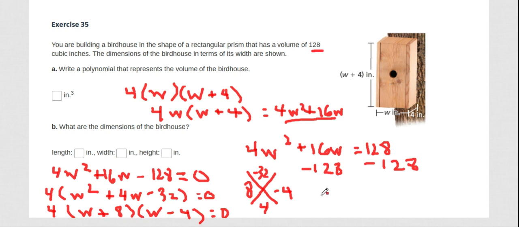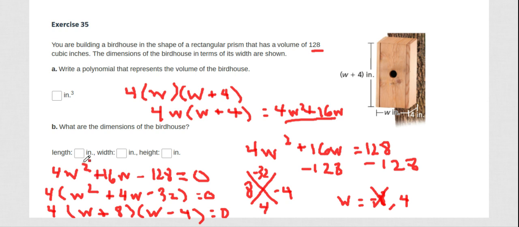If you set W plus 8 equal to 0 and subtract 8 from each side, you get W equals negative 8. If you set W minus 4 equal to 0 and add 4 to each side, you get W is equal to 4. If you go back to this diagram, W would be the width of the birdhouse. The width can't be a negative number, negative 8, so the width is 4.